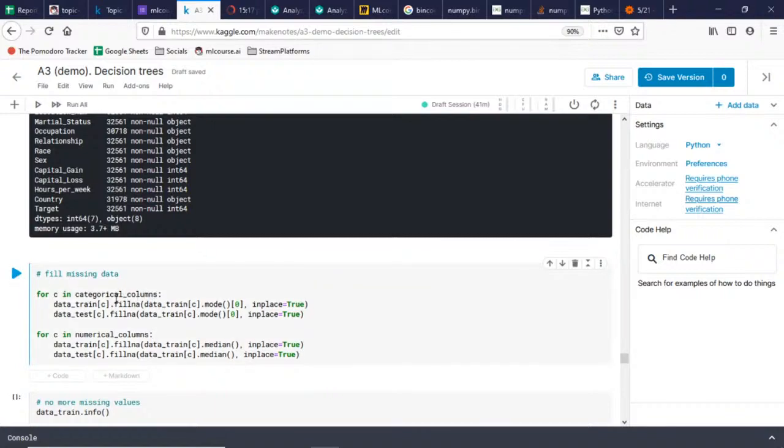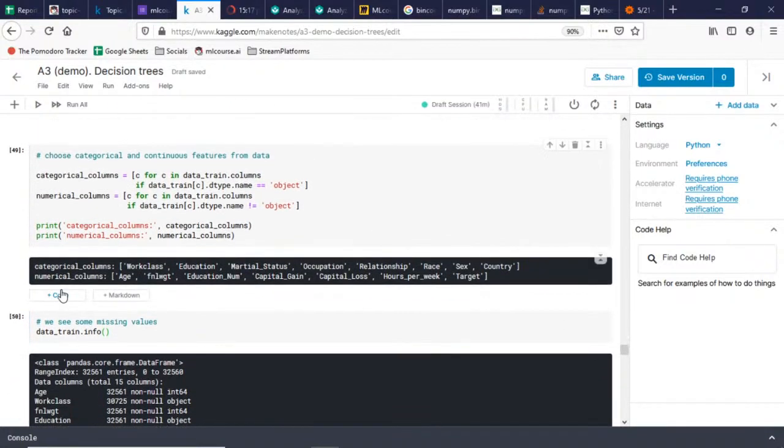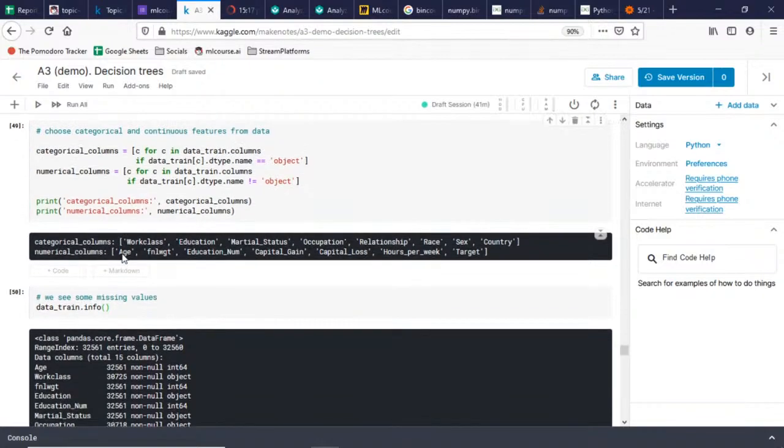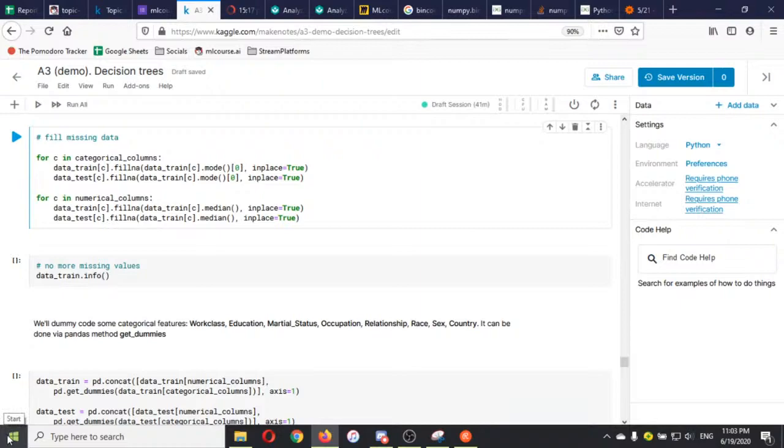And here we are filling. If our data has type object, we name it categorical data, and in the other case numerical data. And we are filling missing data as mentioned above.